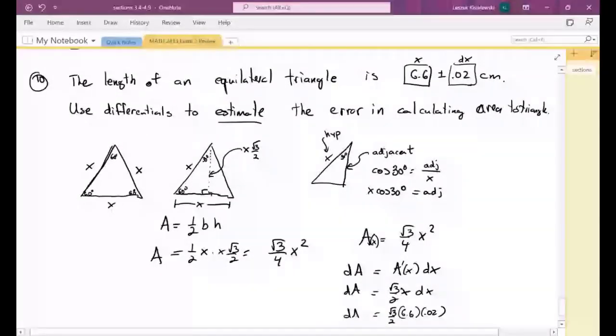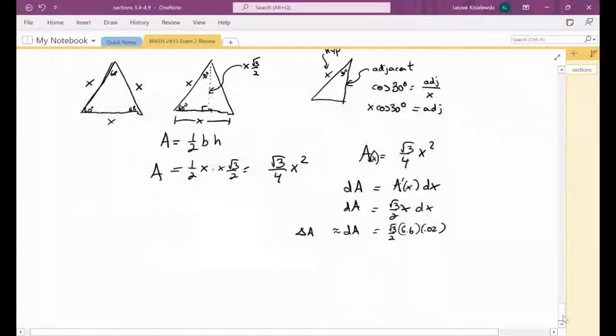And this doesn't give you the actual change; it merely approximates the difference, the error in measuring the area or calculating the area. All right. Again, easy enough if you just know the formula for differential. So just a quick reminder of linearization and what differentials do.